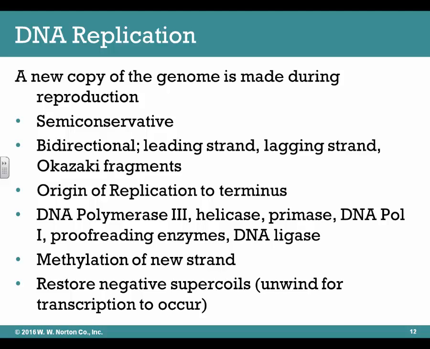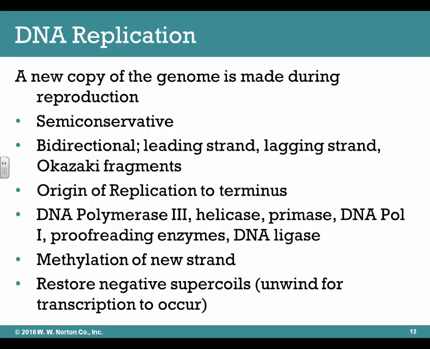In eukaryotes, there are more than one type of DNA polymerase, and they have different functions. DNA polymerase 1 being the proofreading form of the enzyme, but in eukaryotes we have a simpler system.